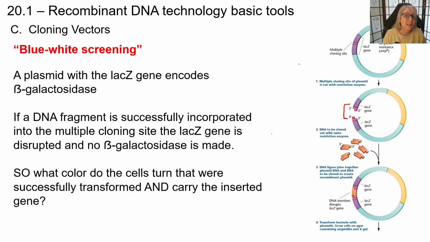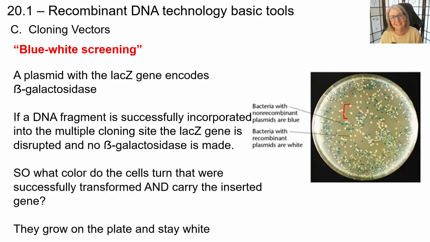So if the fragment is incorporated, it breaks the LAC-Z gene in half, essentially, and the bacteria can no longer make the gene. What color does the bacteria turn if it can't make beta-galactosidase and I put it in a plate with xgal sugar?